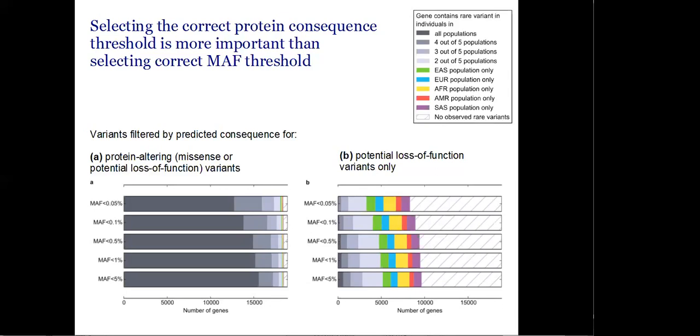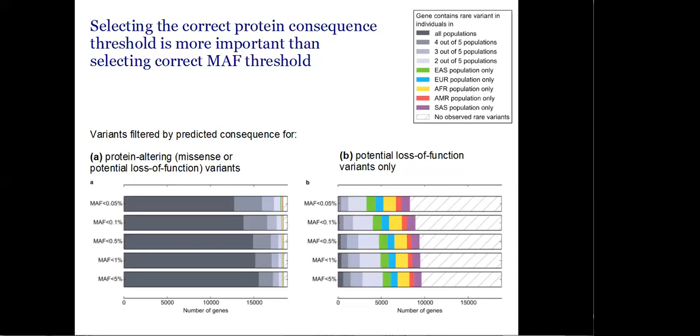So it's not critical to choose the right minor allele frequency threshold to get an accurate p-value, but what is very critical is to determine your protein consequence threshold. So if you're filtering for loss of function variants versus loss of function or missense variants.